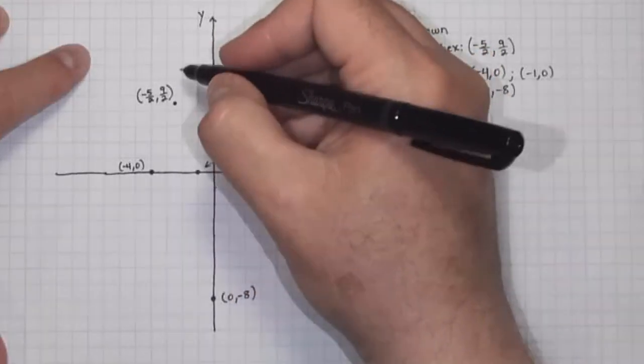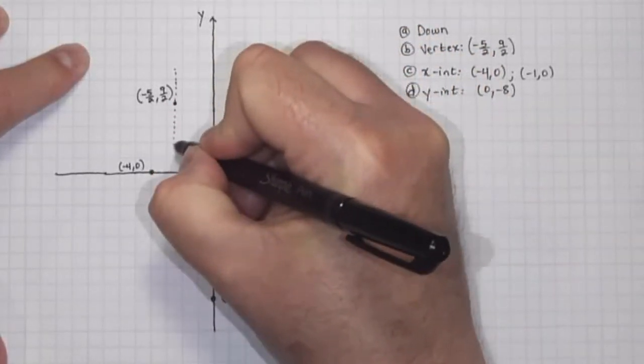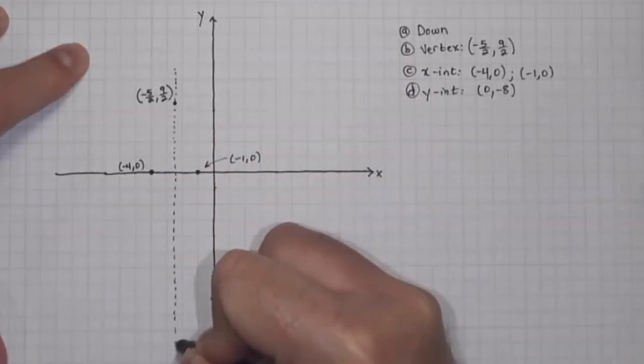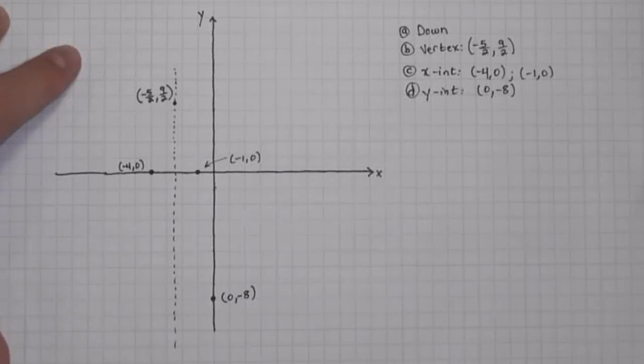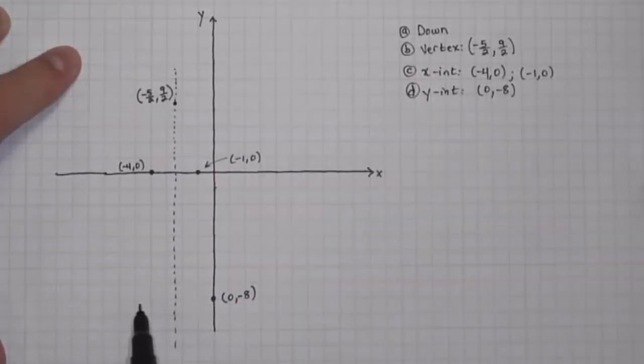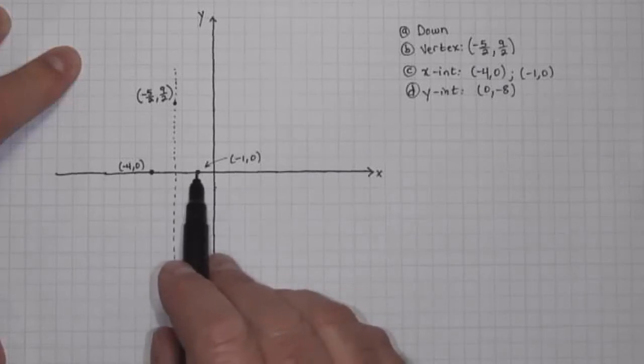Now, remember that we have an axis of symmetry that is a vertical line that goes through the vertex. So right now I have 4 points, but I can use symmetry to find the 5th point. So for example, notice that this x-intercept is 1.5 units to the right of the axis of symmetry.